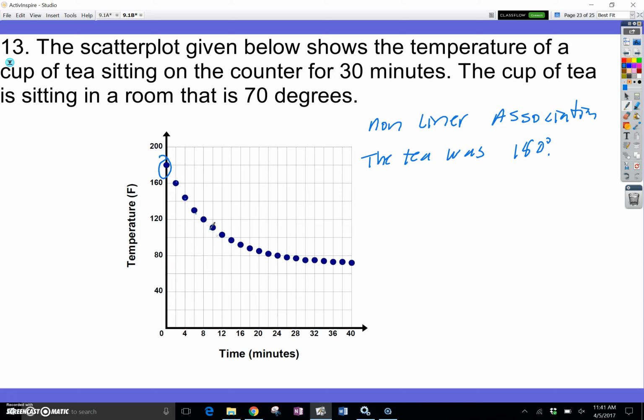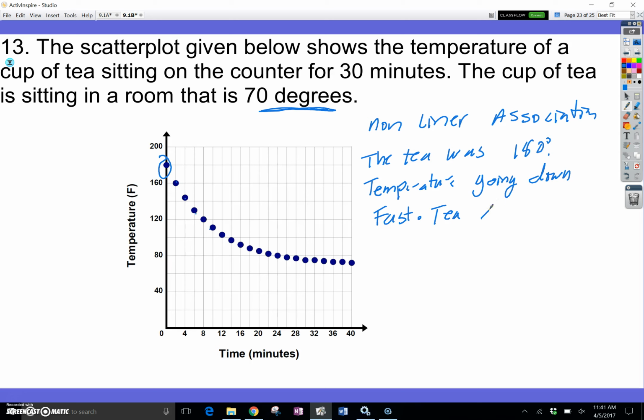It's being measured every few minutes, and the temperature is going down fast. So then, as it's getting closer and closer to room temperature, which is 70 degrees, the tea begins to cool off a little slower.